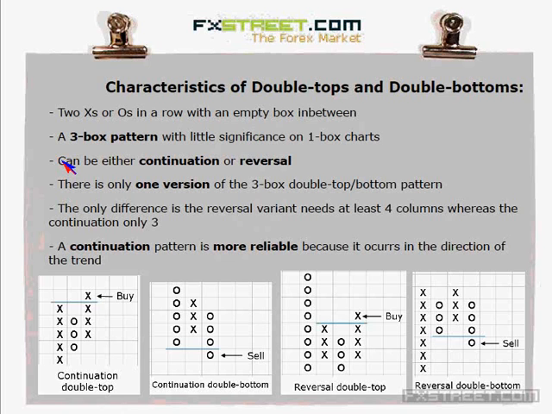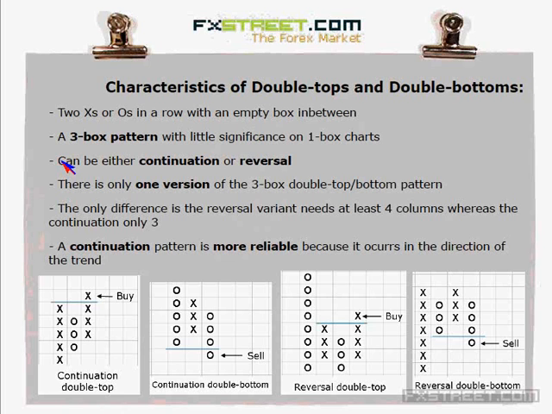So whereas in other chart formations, there is some ambiguity, or if we go into other reversal amounts, there will be some ambiguity as to the definition or the recognition of patterns. In the 3-box reversal, this chart pattern specifically always looks like this. Okay, so they are easy to recognize.